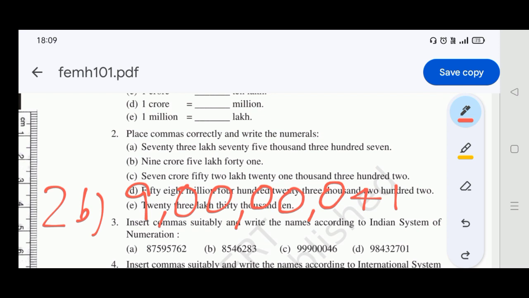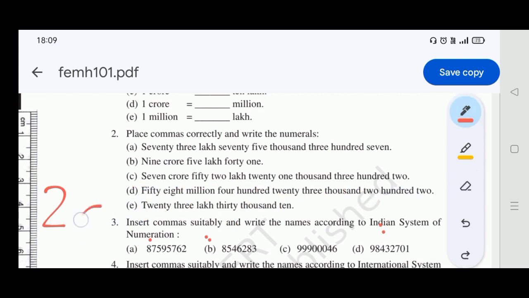Okay, it is 5 lakh, right? So 9 crore 5 lakh 41. This is the answer.